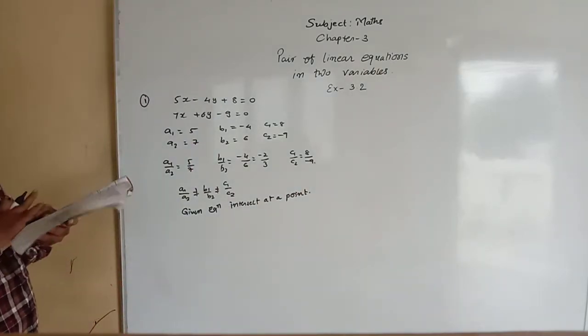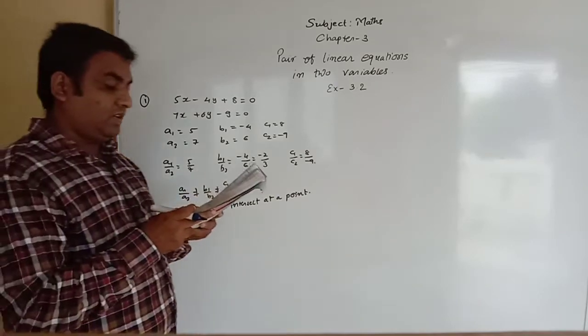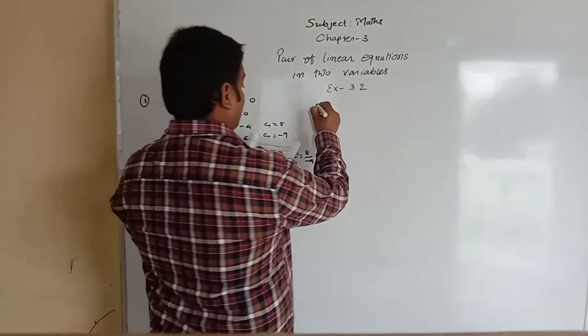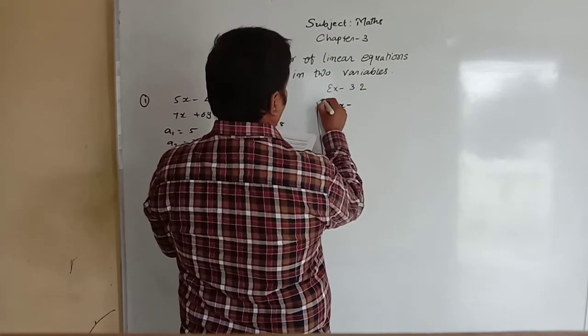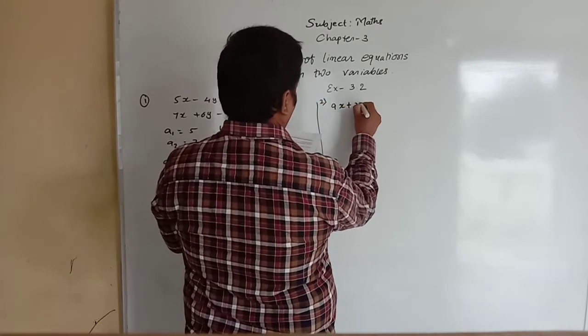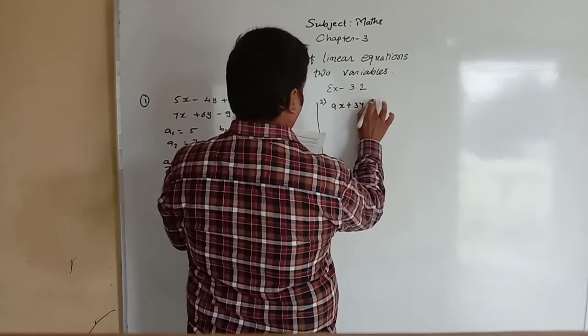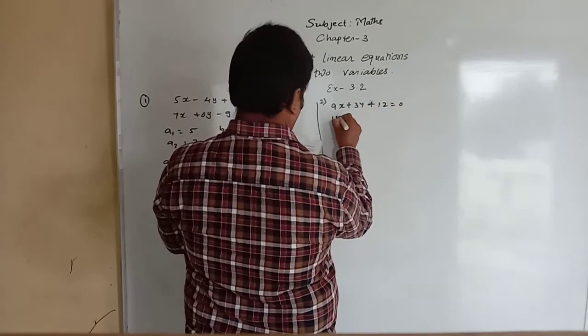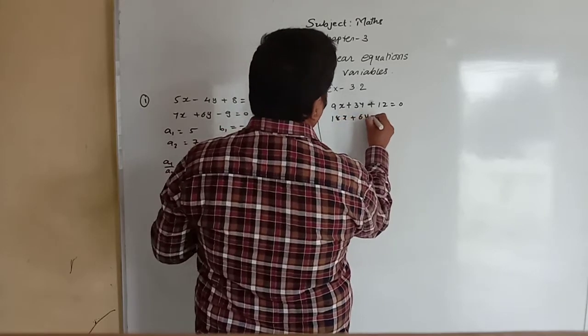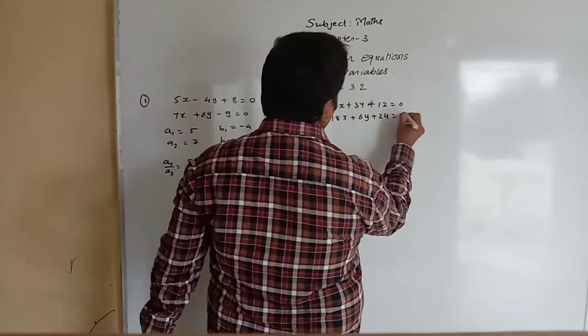Now the next question we are given: 9x plus 3y plus 12 equals 0 and 18x plus 6y plus 24 equals 0.